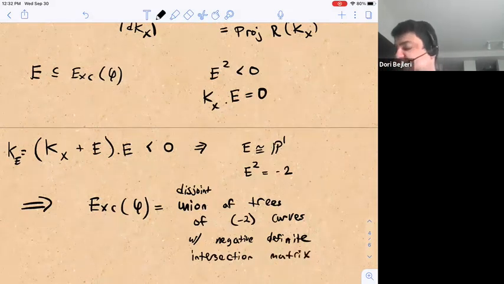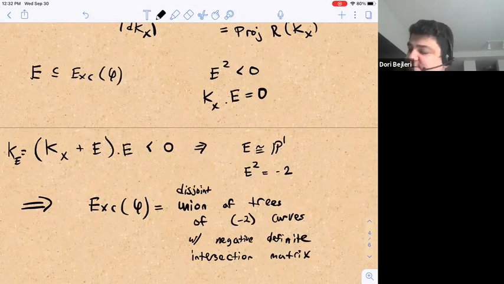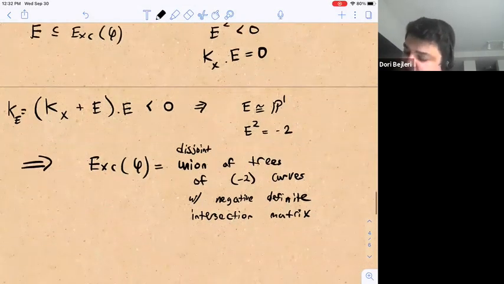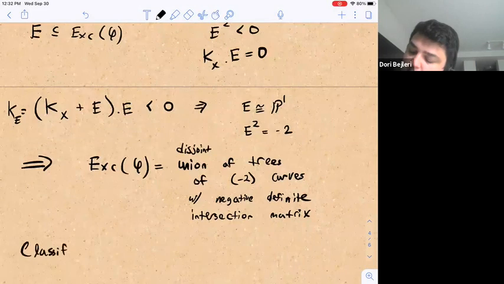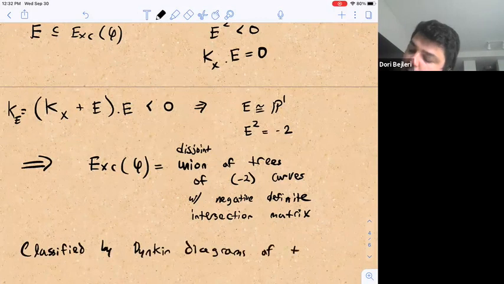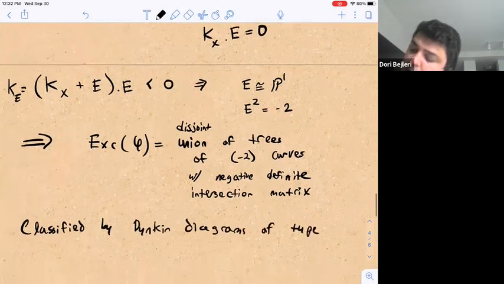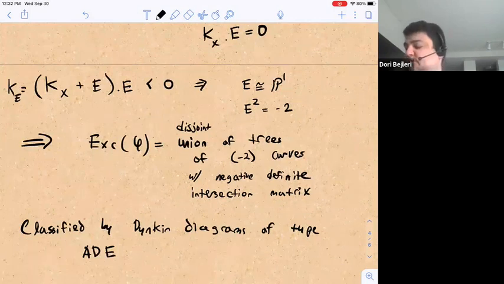And now you can just classify all the possible configurations, and these are again classified by Dynkin diagrams. And so we saw these in the classification of fibers, but these are not the extended ones. These are just the regular Dynkin diagrams.